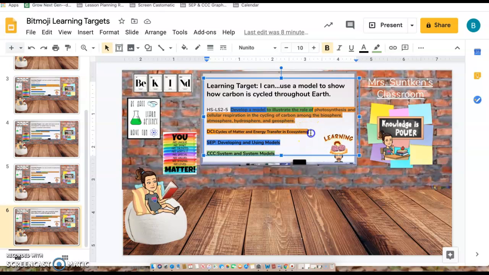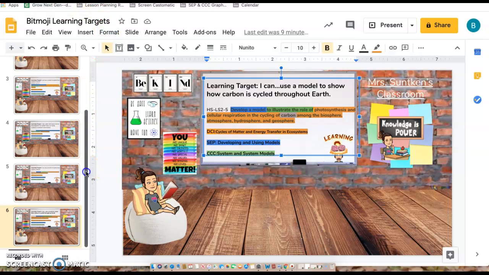For our disciplinary core idea, we're looking at energy transfer within an ecosystem. Basically, how plants carry out photosynthesis to make energy and what they release for us, what we take in from the plants and use that energy, and then what we give to the plants as well. And we're definitely going to be hitting home on how carbon is transferred throughout those systems.